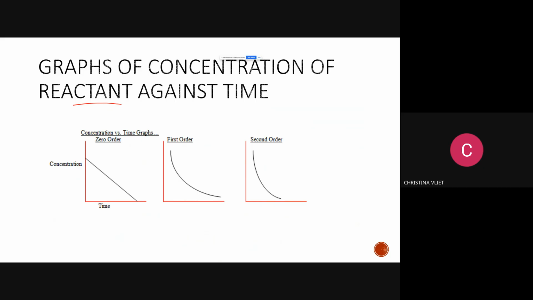And so in the zero order reaction, as time passes, the concentration of reactant decreases linearly. So this is a y equals negative x slope, right? Something like that. In a first order reaction, it actually decreases exponentially. And in a second order reaction, the concentration of your reactant decreases exponentially even more.